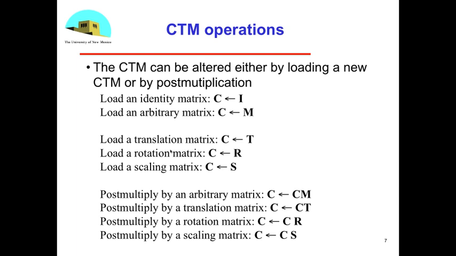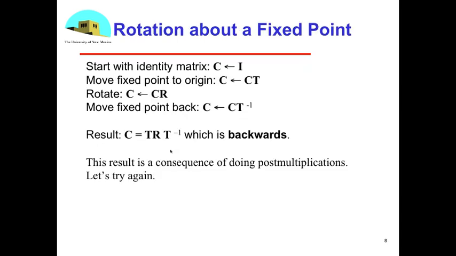Okay, if you looked at something like rotation about a fixed point that we talked about in the last lecture, it looks something like this. You start with an identity matrix. You then move the fixed point to the origin by a translation. Then you do your desired rotation. You see they're all being done on the right, and then you move the fixed point back by doing the inverse of the translation that you first did.